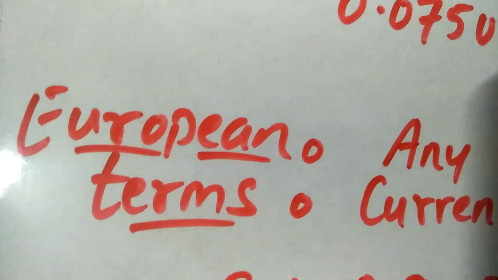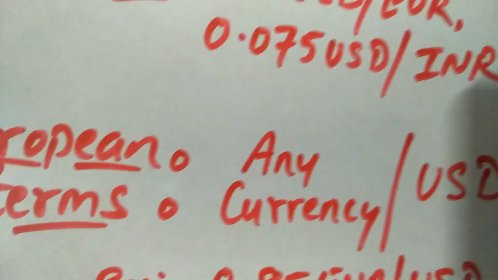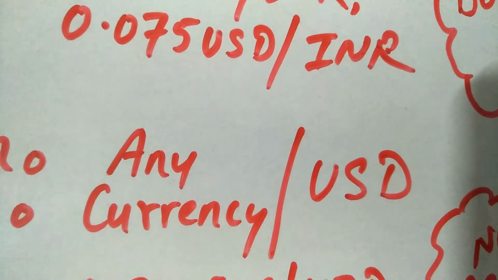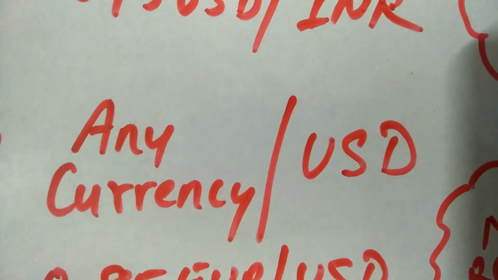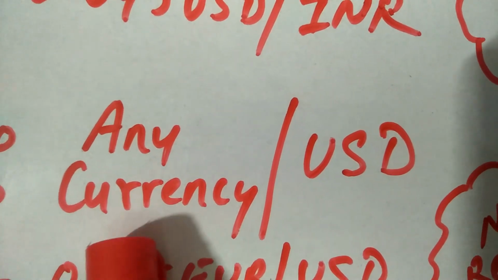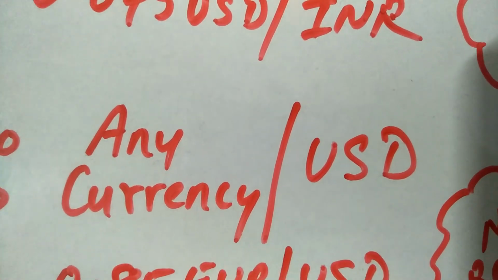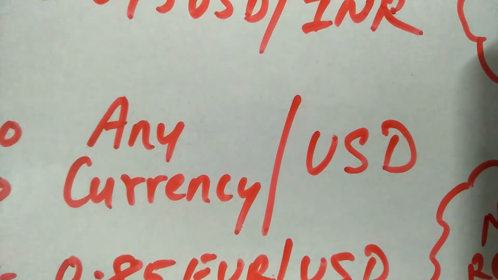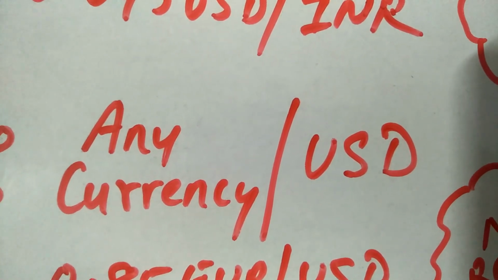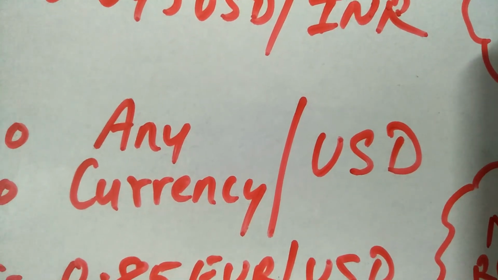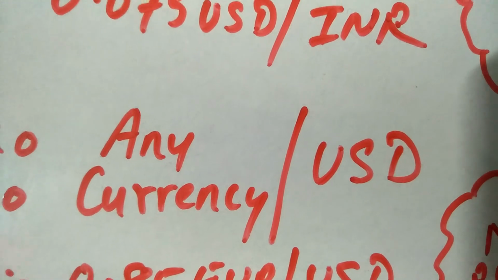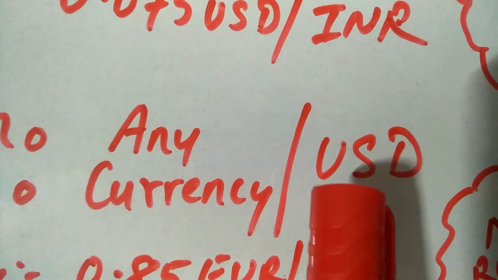So what exactly is European term? European term is any currency per unit of USD. It could be euro, INR, Japanese yen, Swiss franc, pound, Australian dollar, Singapore dollar, whatever it is, but it is per unit of US dollar.